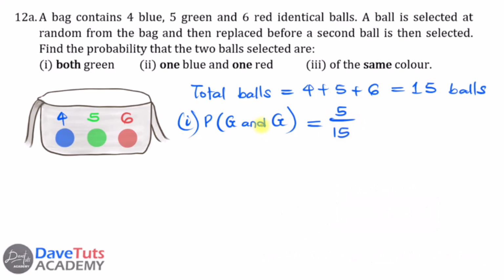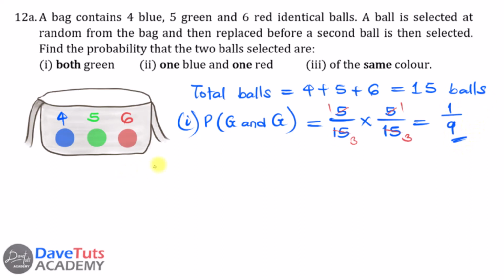But since we are talking about and, that means we need to multiply. Again, in the second case the ball would have been replaced, so the number of greens is still 5 and the total is still 15. So this is what we need. We can of course see that we can have this as 1 over 3 multiplied by 1 over 3, such that the probability is 1 over 9 in the first case.